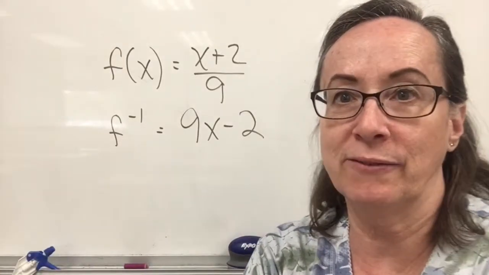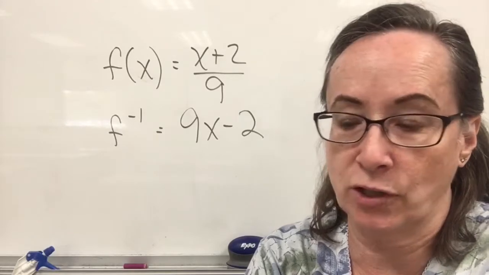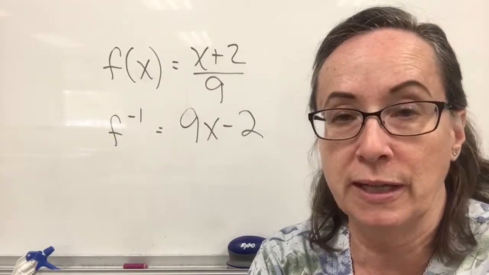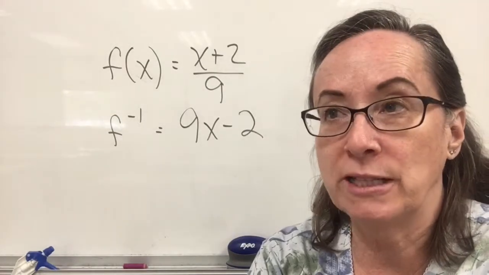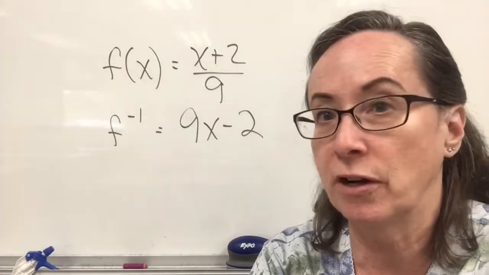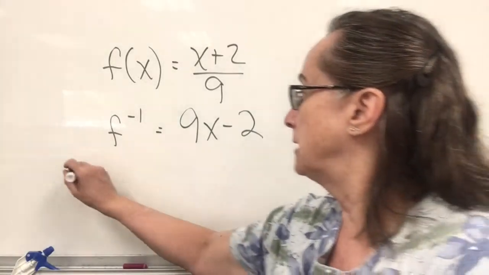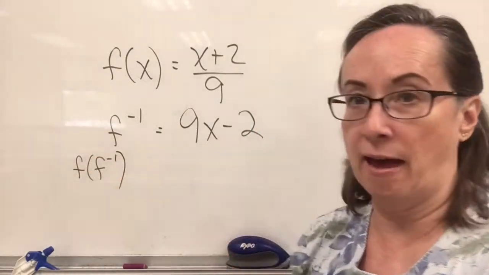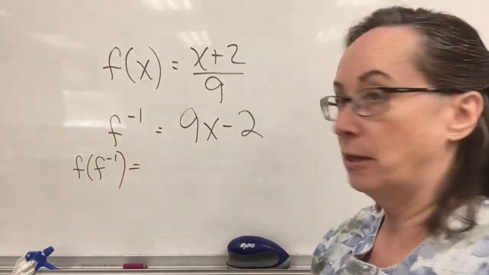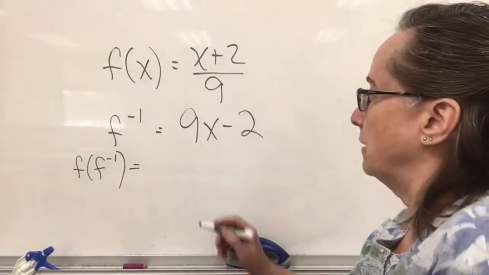All right, so now we're given a function and its inverse, and we are to prove that they are actually inverses of each other. The way to do this is to compose the two functions together. So I'm going to take f of the inverse of f and compose it. I should get an x if this is true.